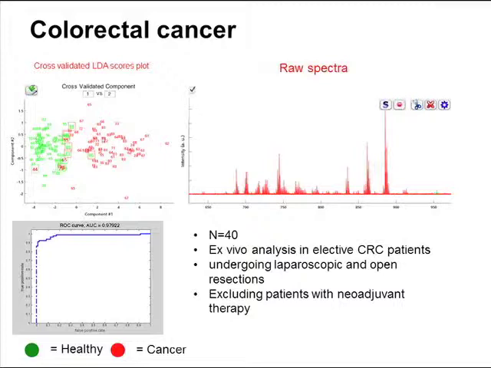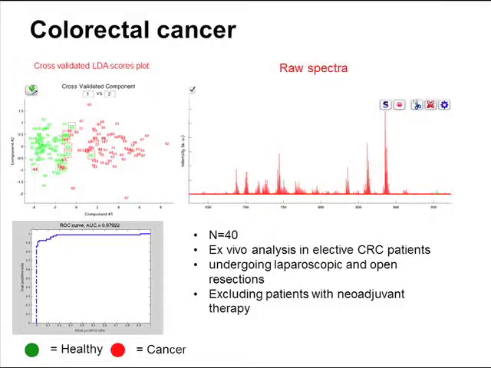And you can see the cross-validated scores plot on the top left-hand side. The little green numbers where they've got a red square around them are samples that have been incorrectly classified by the model. So we're not getting 100% sensitivity and specificity, but we are getting a pretty accurate model, and we're able to give information to the endoscopist or surgeon, we hope, in near real time.